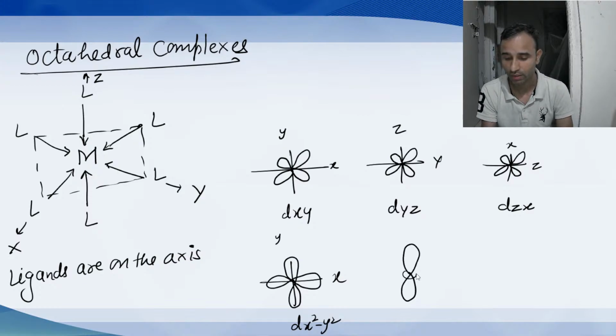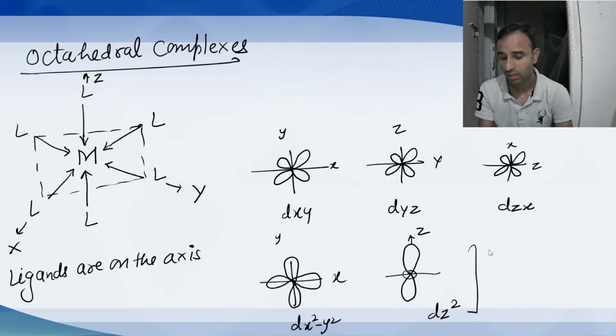In dz square, lobes are on the z axis. In dx square minus y square, lobes are on the x and y axes.